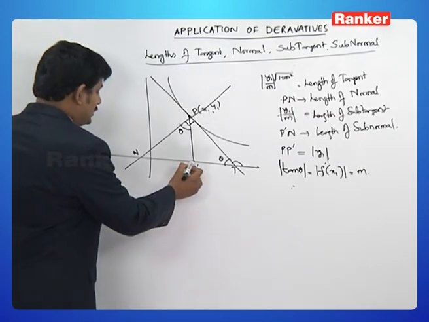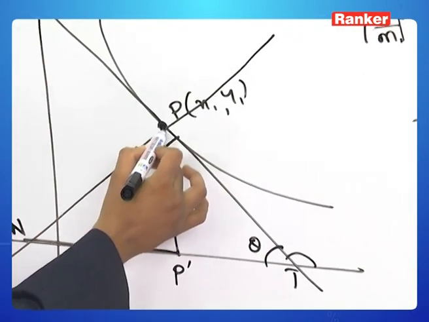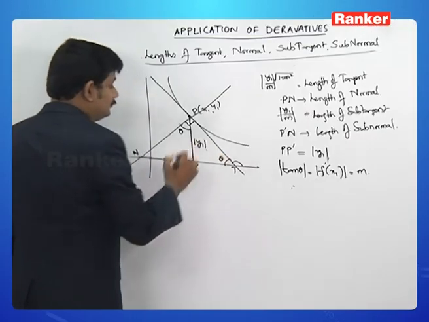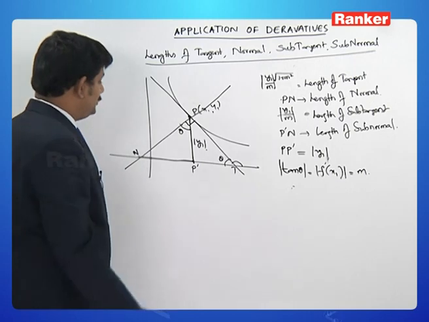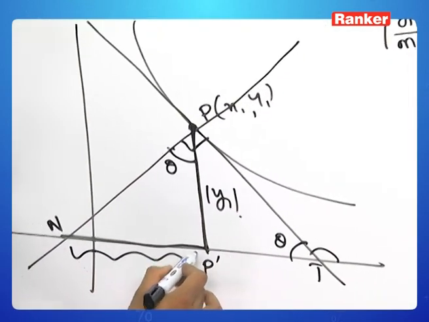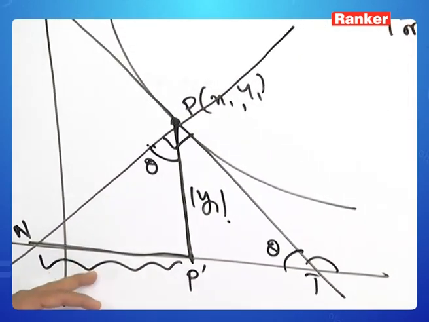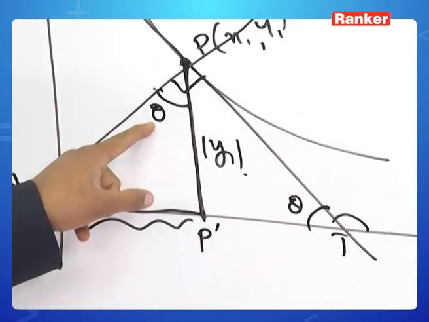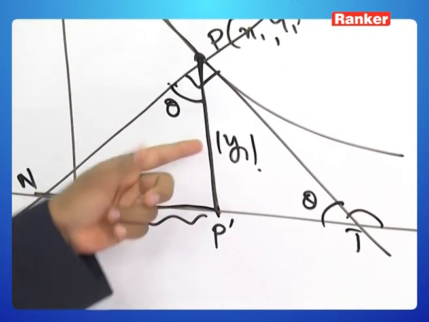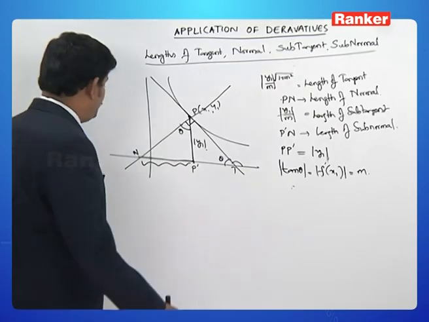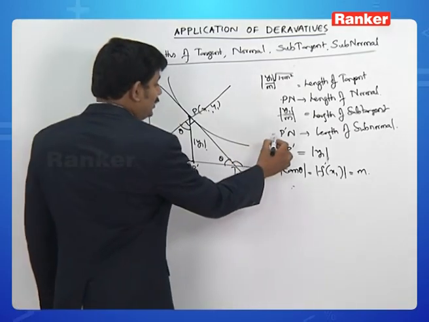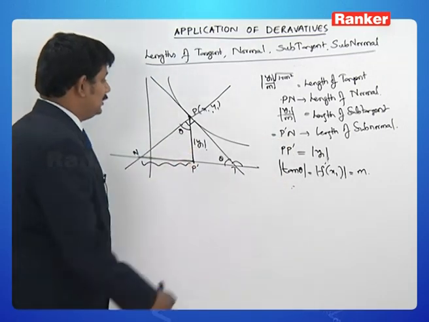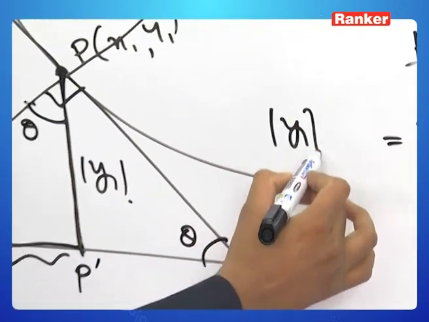Now let us observe this triangle. We know P', we called it mod y1, the ordinate at the point P. P'N, opposite side by adjacent side, we know it is tan theta. So tan theta is P'N divided by mod y1, or P'N is equal to mod y1 into tan theta.